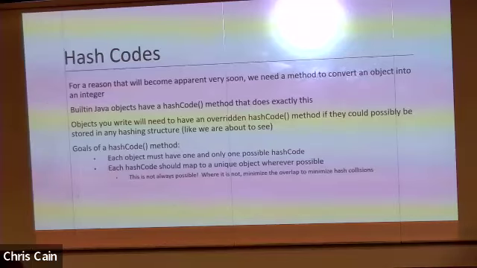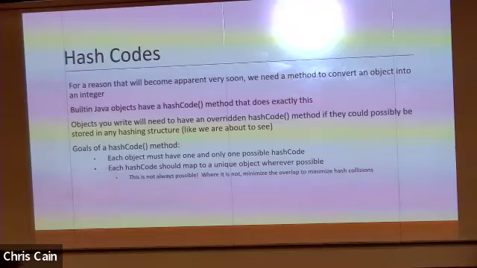It's going to be impossible to do that all the time, but we want to minimize the frequency of it occurring. Does that make sense? The reason is there are going to be so many more possible objects than there are valid integers that we can map them to, usually.